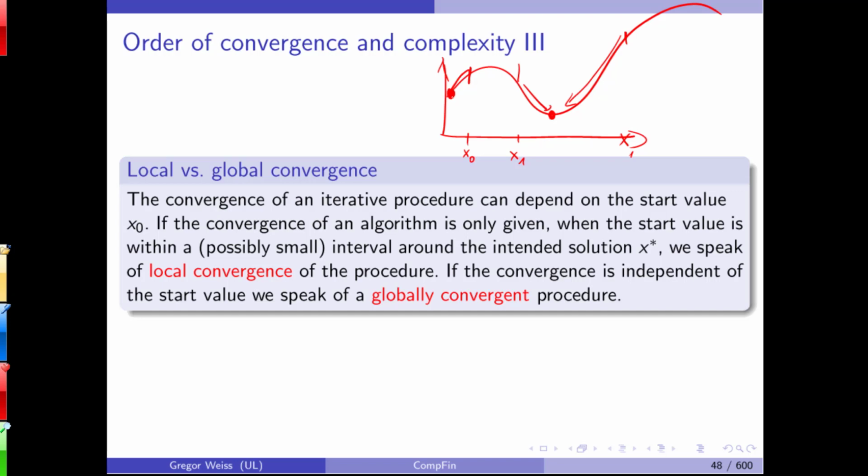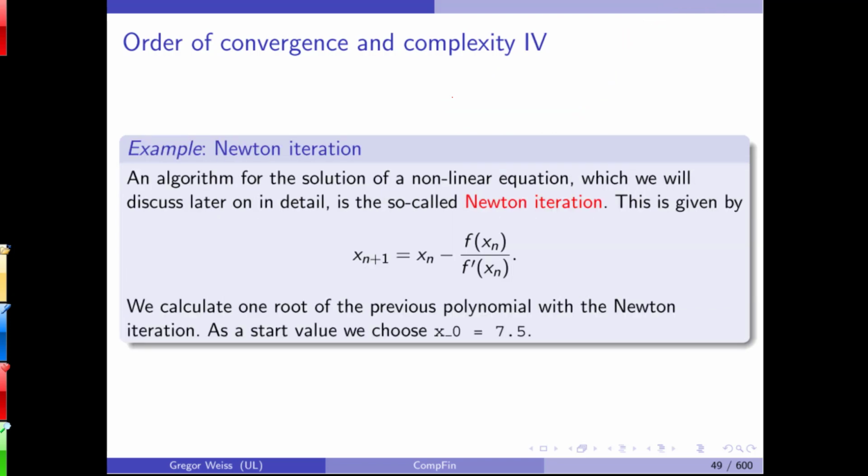Then you will miss the global minimum of the function, and it might be that your algorithm is not globally but only locally convergent. Very important distinction. A very good example for this is the Newton iteration.